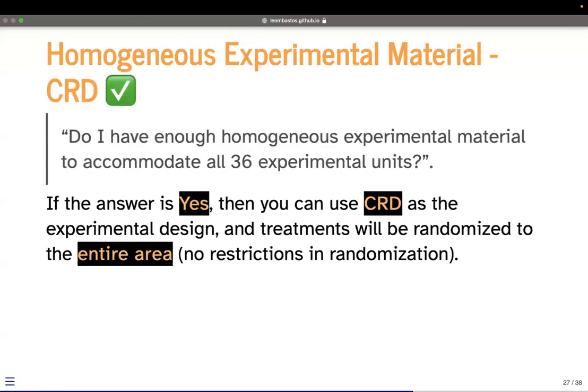So if you have homogeneous material to accommodate all those experimental units, and your answer is yes, then you can use a completely randomized design, and treatments will be randomized to the entire area or the entire experimental material without restrictions in randomization. This is key to why we do this and how this contrasts to other designs. So just keep in mind, there are no restrictions in randomization when you're doing a completely randomized design.